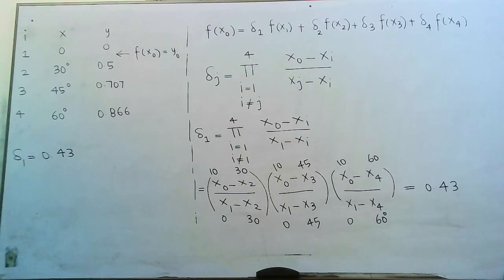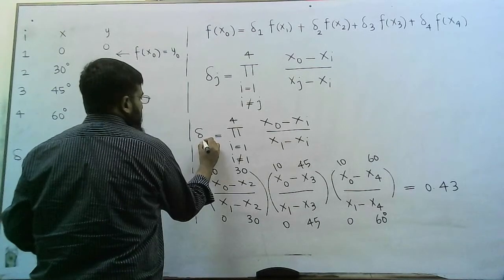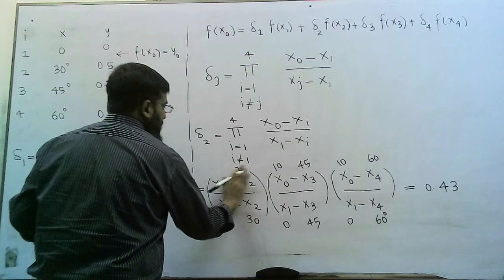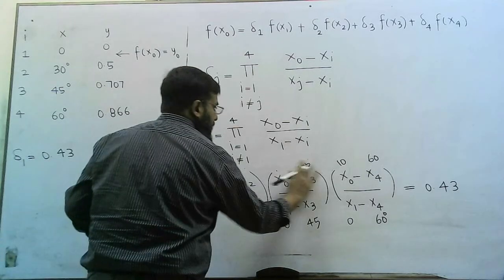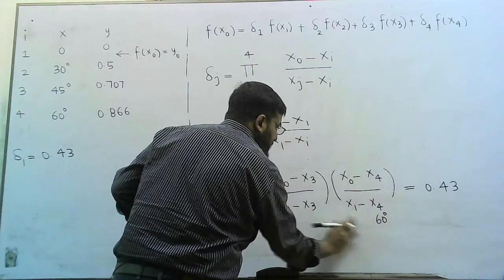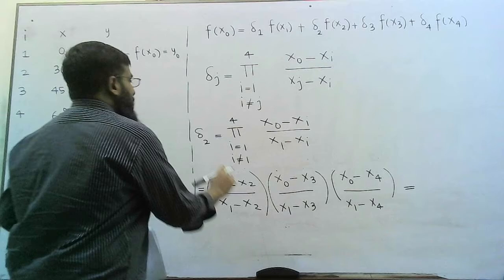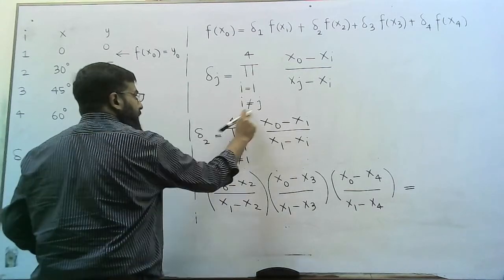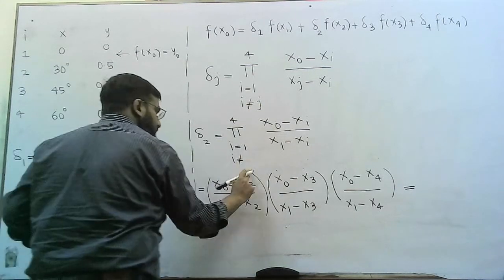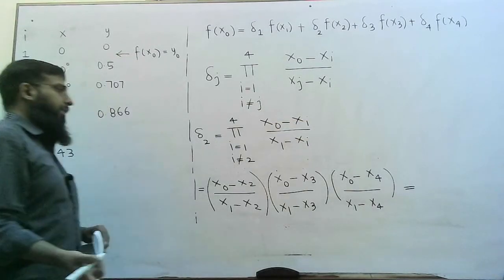Next we are supposed to calculate del 2. Let's first erase these values, because now we are going to compute del 2. Del 2 would be the product from 1 to 4, where i isn't equal to j, where j is 2. This means i isn't equal to 2: x0 minus xi divided by x2 minus xi.